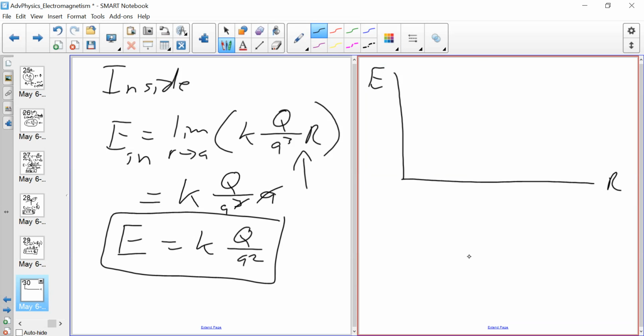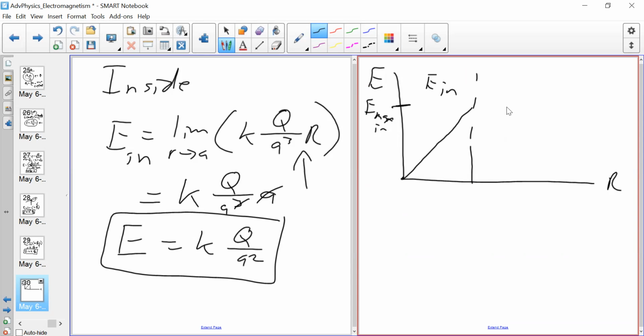And then our electric field goes from nothing to a maximum value on the inside, E max on the inside, if you will. It's going to steadily increase until we reach radius A, and that's on the inside.